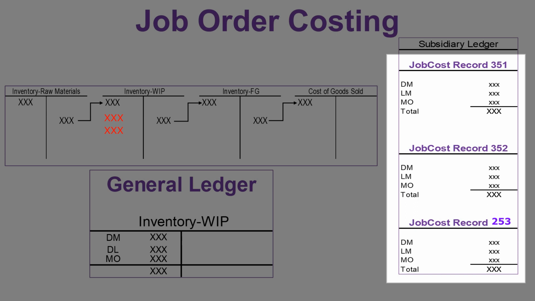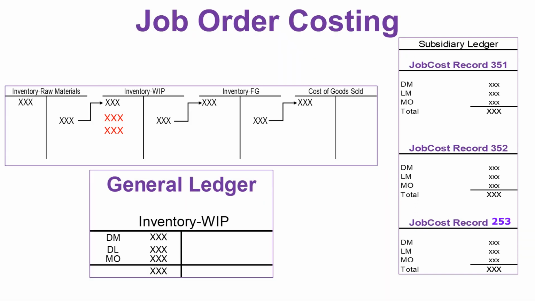And we may also have job number 353 going on, the building of, let's say, 2 sofas. And it will also be accumulating on its own job cost record or job cost sheet all the direct material, direct labor, and manufacturing overhead costs associated with that job, and so on and so on. Let's assume that right now we actually have 5 different jobs going on.